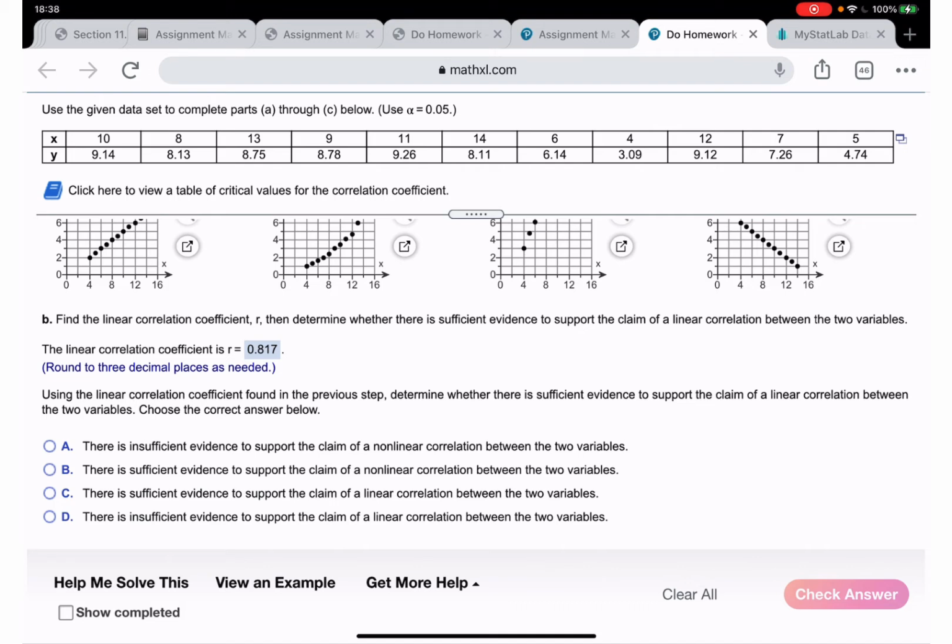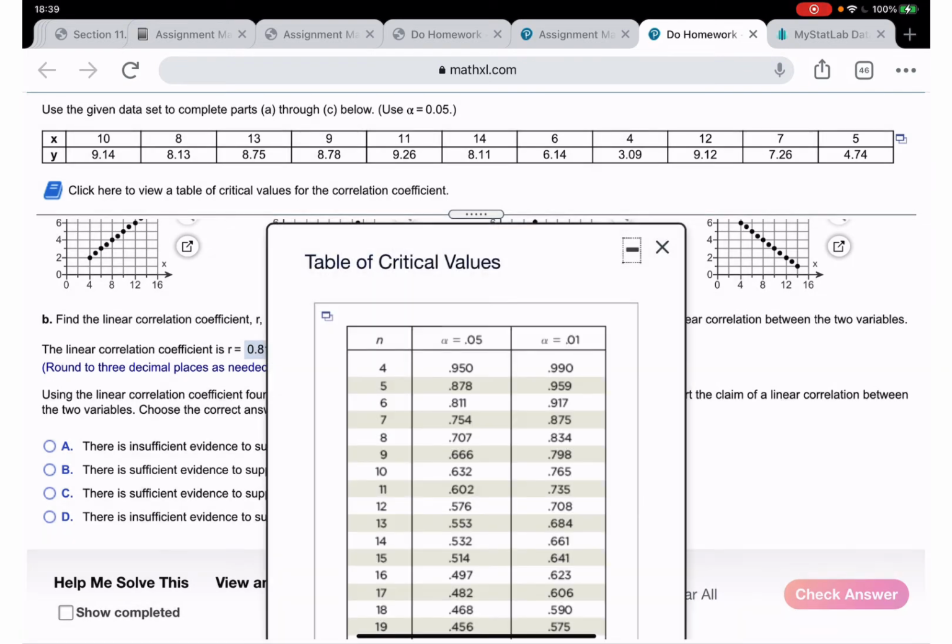Next, using the linear correlation coefficient found in the previous step, we need to determine whether there is sufficient evidence to support the claim of a linear correlation between these two variables. So we are going to open the table of critical values. How much is our n?